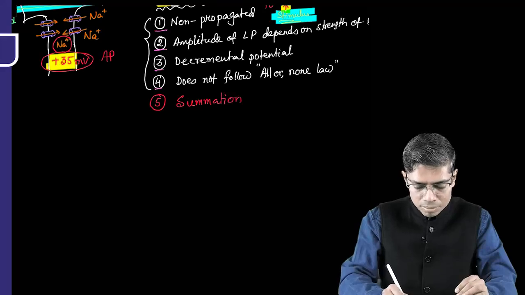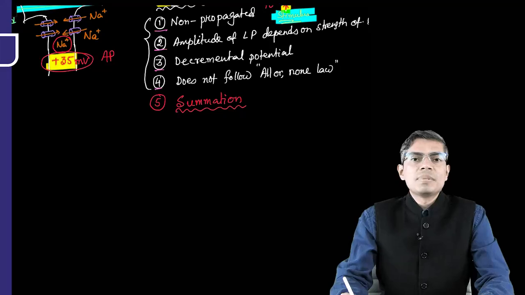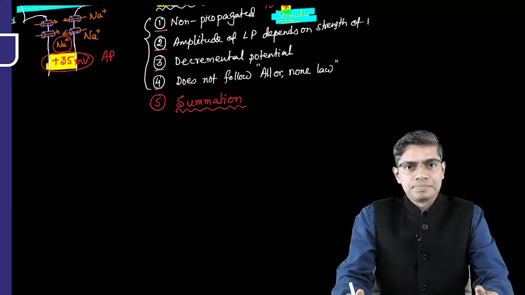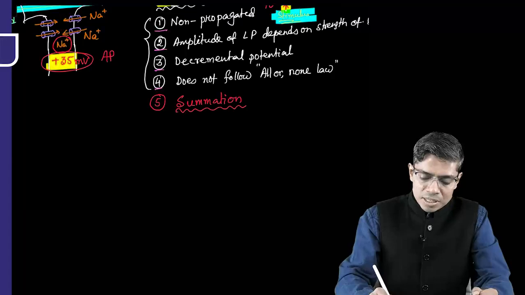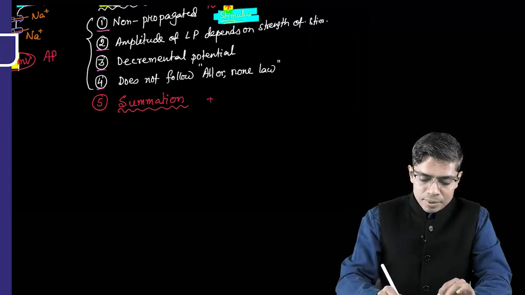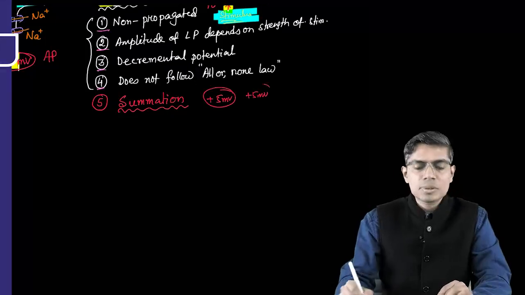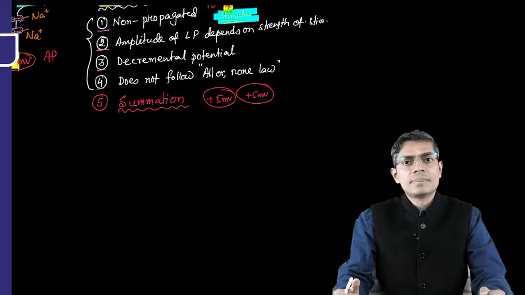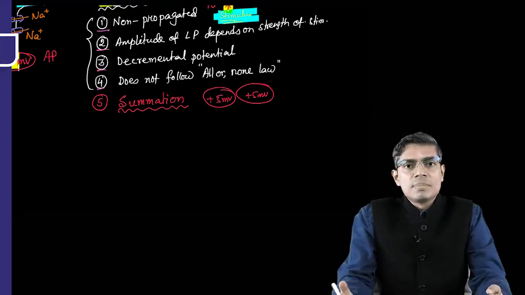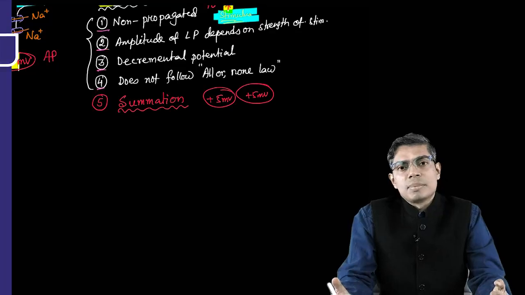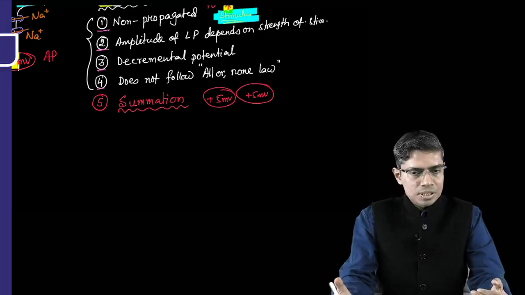Summation means addition. Suppose one local potential strength is 5 millivolt and another is 5 millivolt. They can simply add up with one another, and give a voltage of plus 10 millivolt. That is the meaning of simple summation.